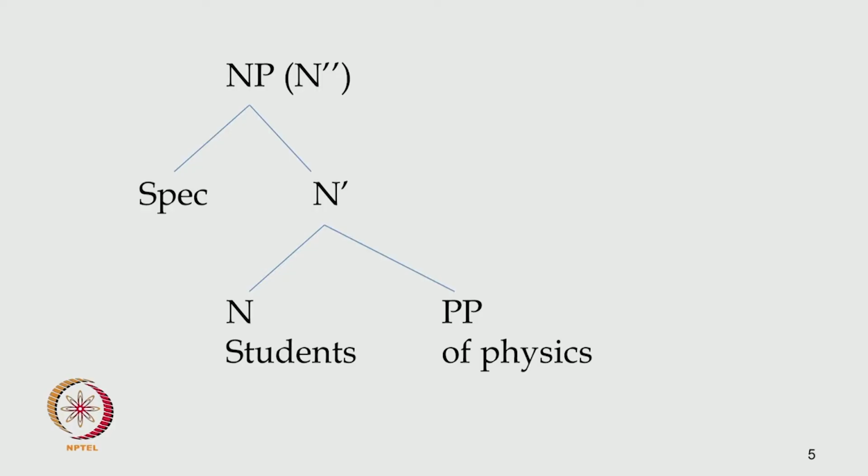Then we started looking at the structure of the phrase in terms of their binary branching. That is, the structures that we see now are all binary in terms of their branching.